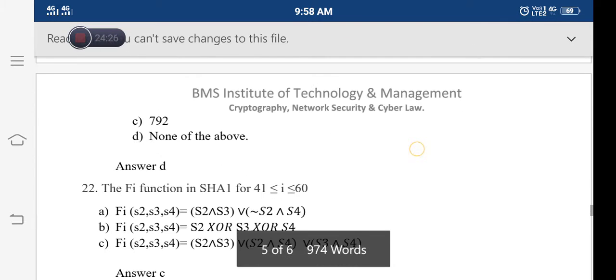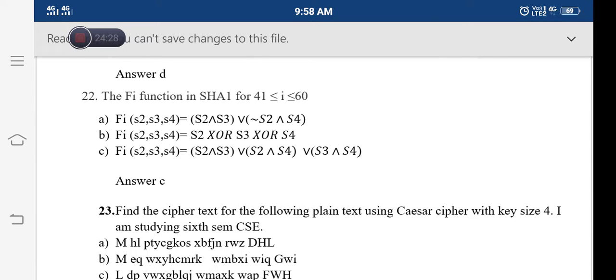Then the 22nd, the f function in SHA1 for the bits. We know that the given block of data will be divided into various small boxes, each of 20 bits: 1 to 20, then 21 to 40, then 41 to 60, like that.